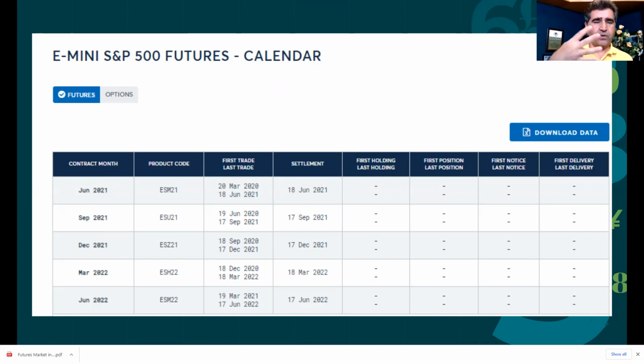As you recall, we had 4 settlement dates for the futures contract. And the way it's written, there are 4 letters. H is for March, M is for June, U is for September, and Z is for December.